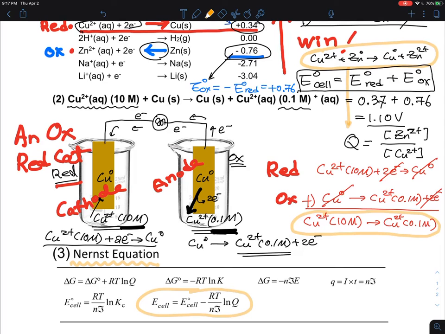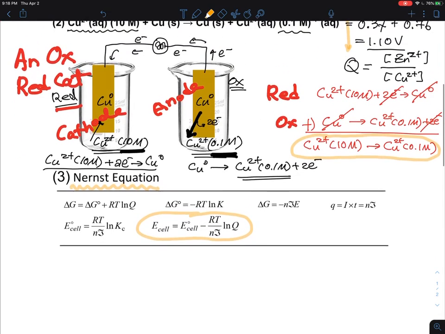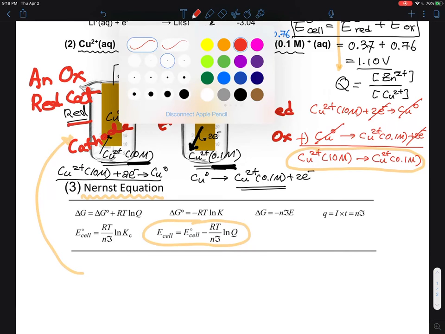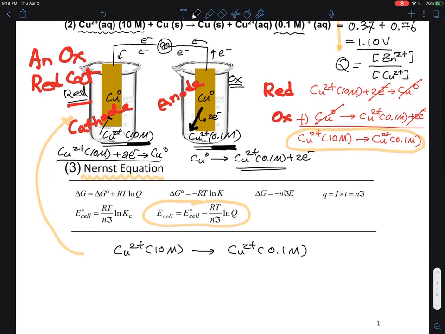Okay, so the Nernst equation is our ability to solve this equation shown up here, and the case shown up there will be an equation that I already wrote before. The copper 2+ 10 molar goes to copper 2+ 0.1 molar. Okay.